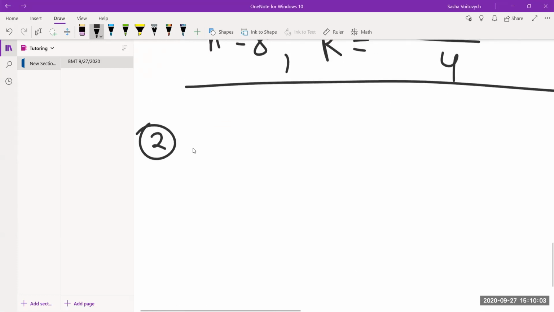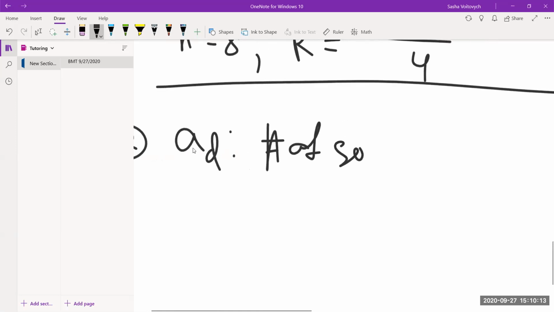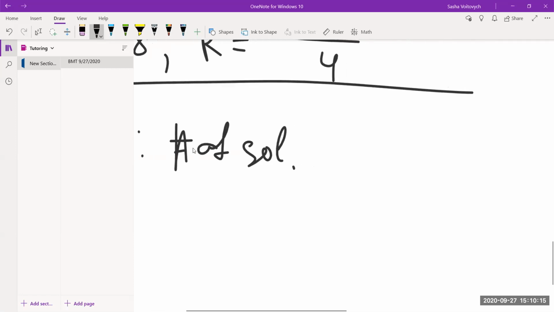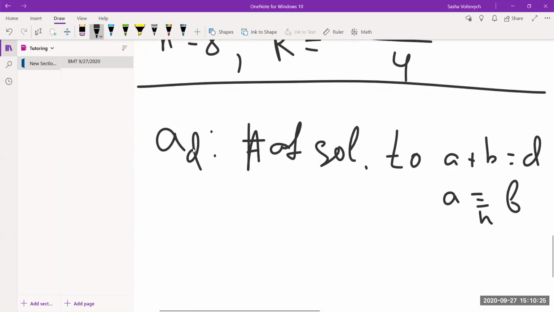So we have A_D defined as the number of solutions to A plus B equals D, where A has to be congruent to B mod n.